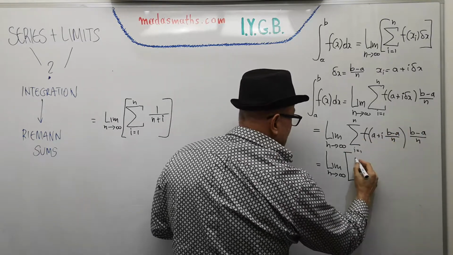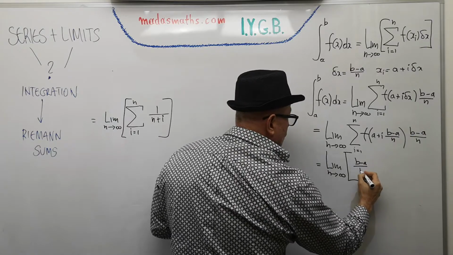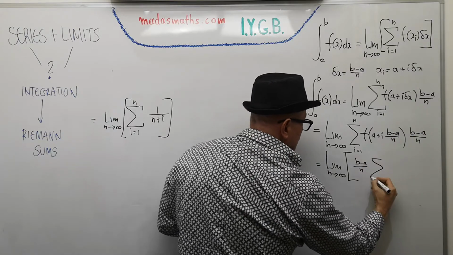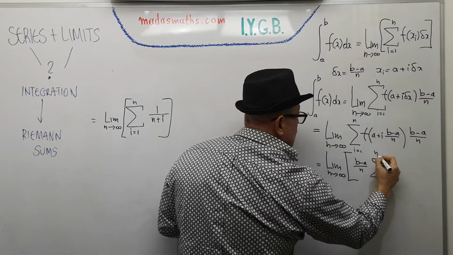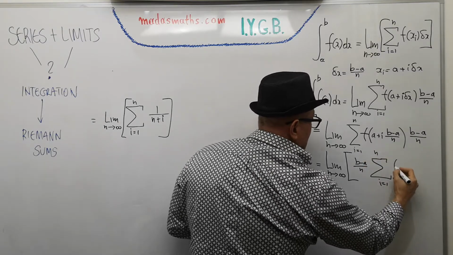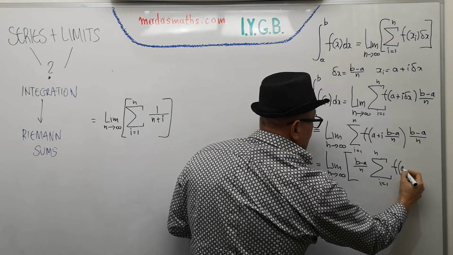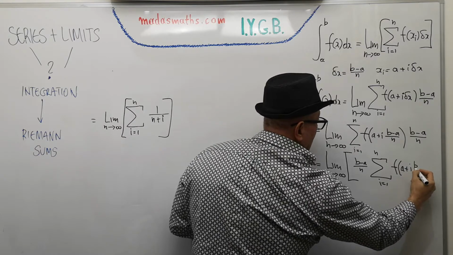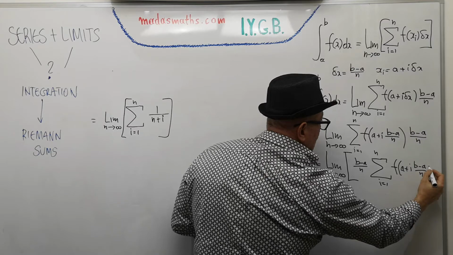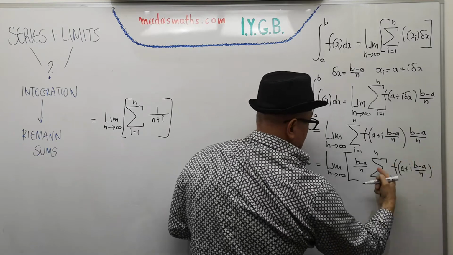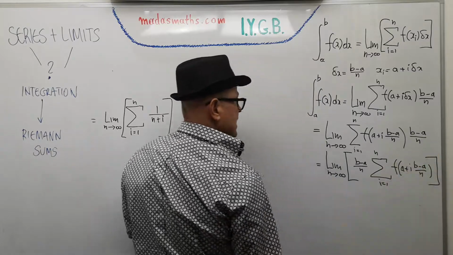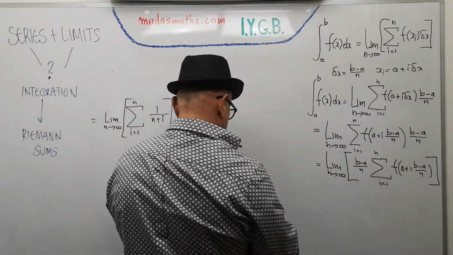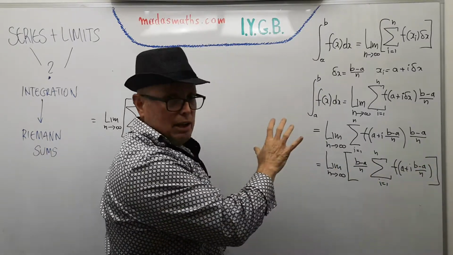This is now (b minus a) over n. Then I have the sigma operator from i equals 1 to n, and this will have f of a plus i (b minus a) over n. This closes the argument of the limit, and the f of all of this is inside my sigma. All of this work looks very, very scary.